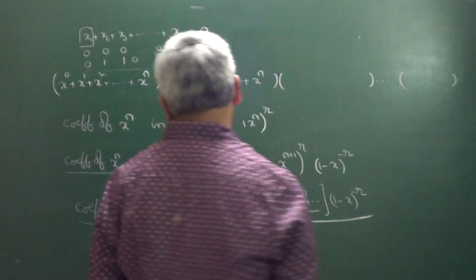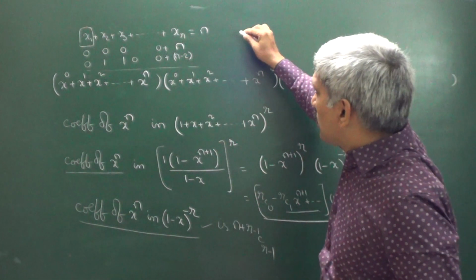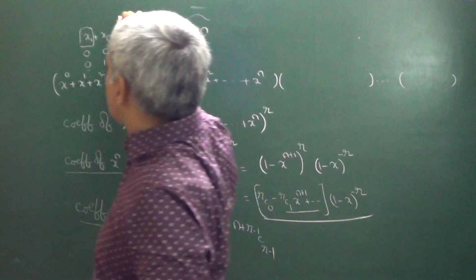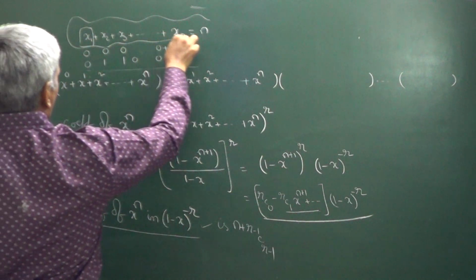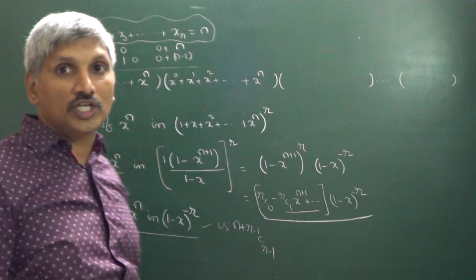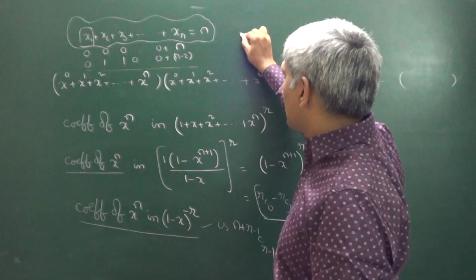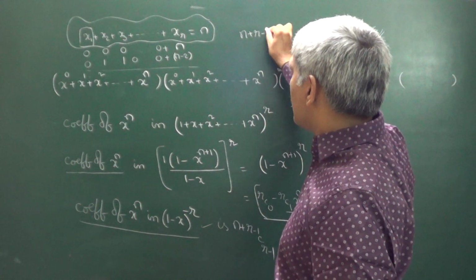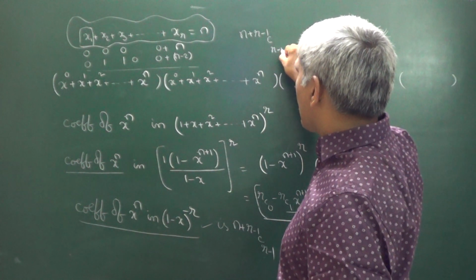Okay, so there ends the matter. That's why the number of non-negative integral solutions for that equation is given by (n + r − 1)C(r − 1).